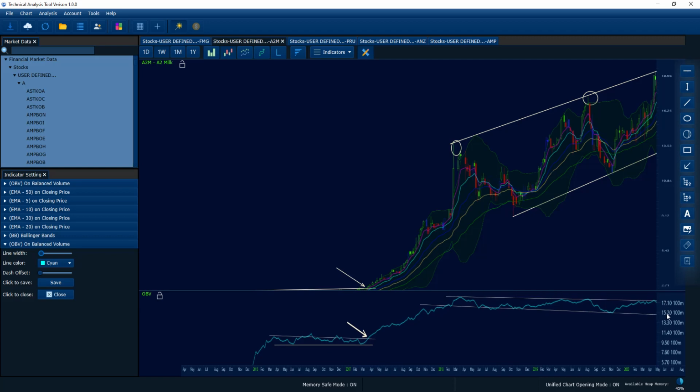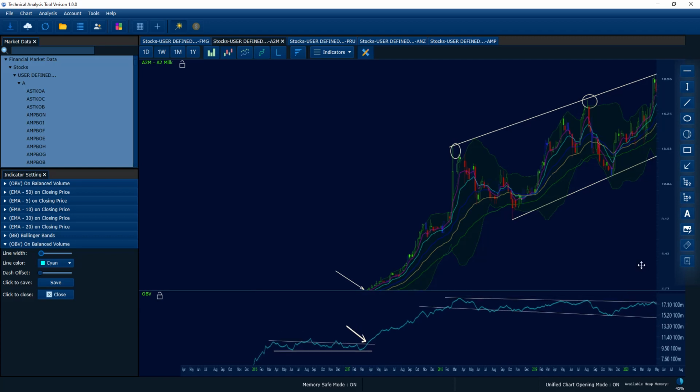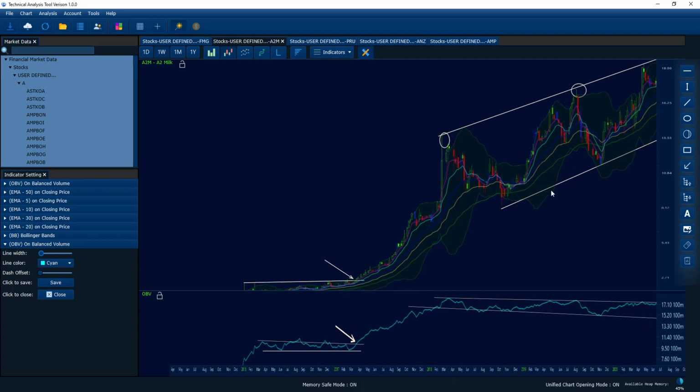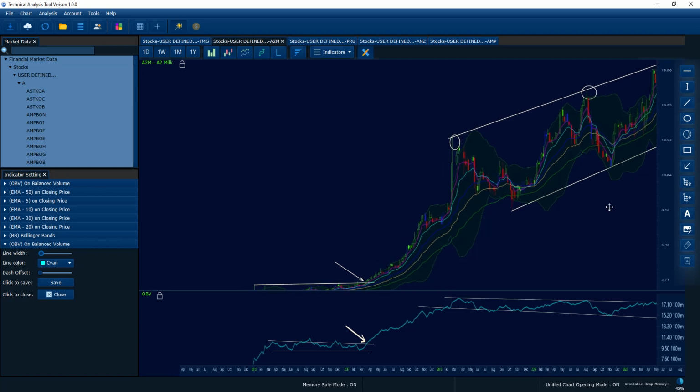Actually, you see it twice, and this particular share is also trading in a very wide trading range, right? So the moving averages are not stuck together, and there are lots of ups and downs happening here in the wide range. So this is actually a distribution by the institutions.